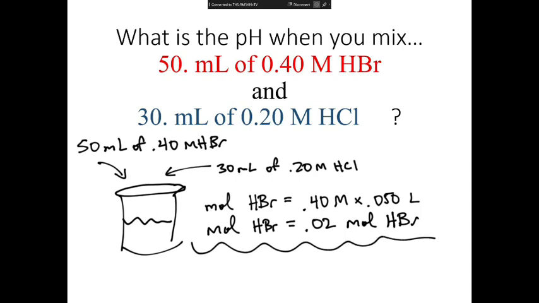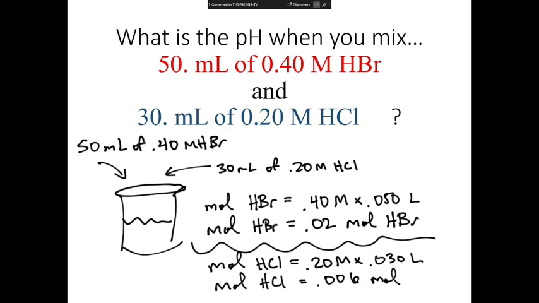All right, let's do a similar thing. Let's do moles of HCl, because this time we're also dealing with the HCl. So that's going to be 0.2 molar times 0.030 liters. It's 0.006.